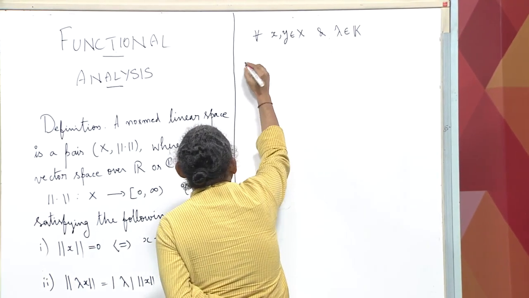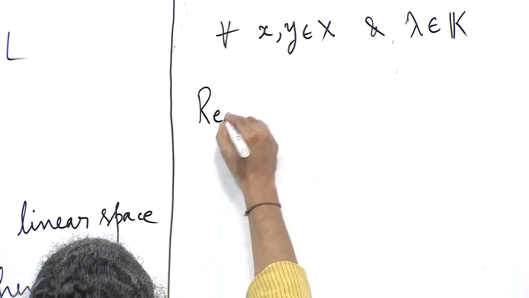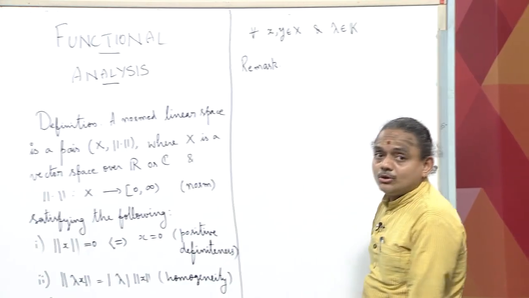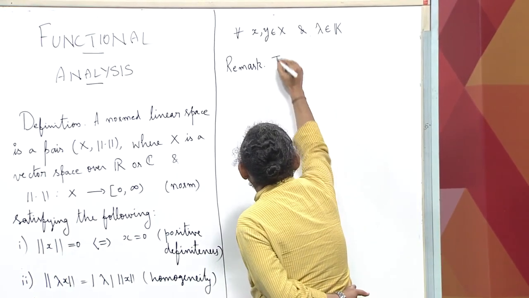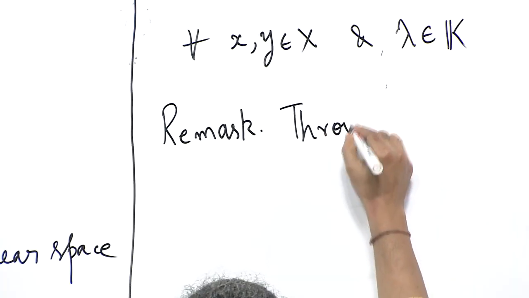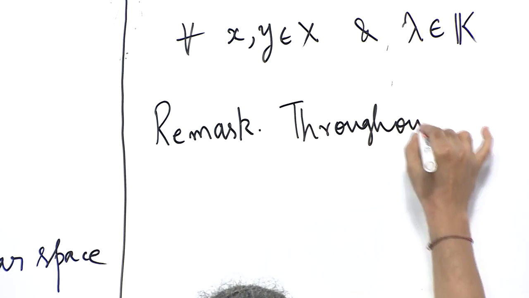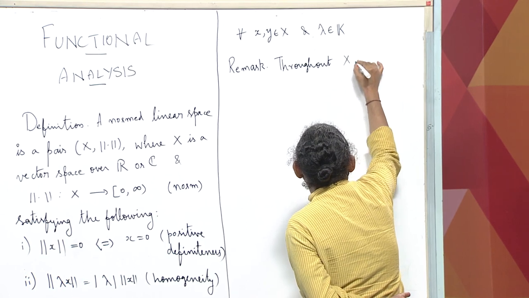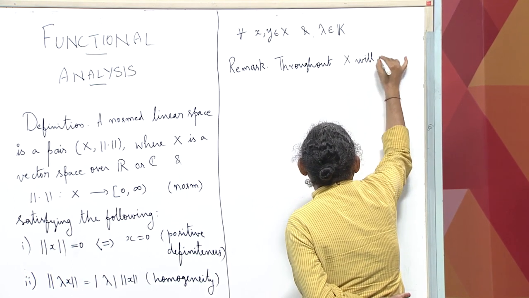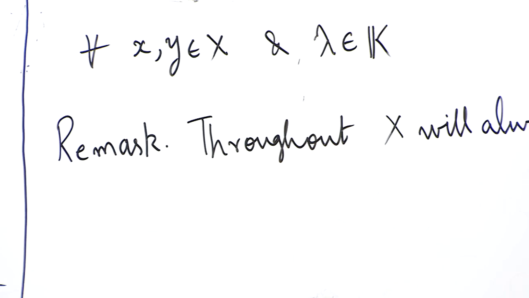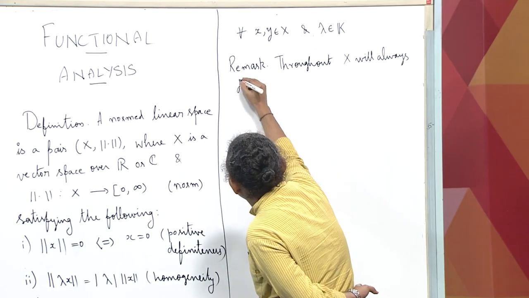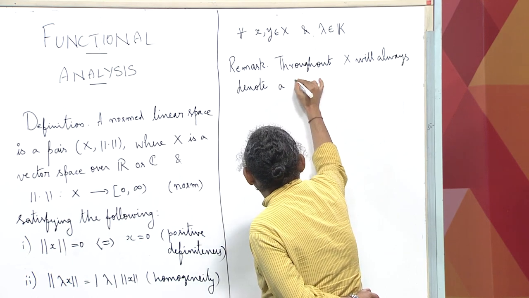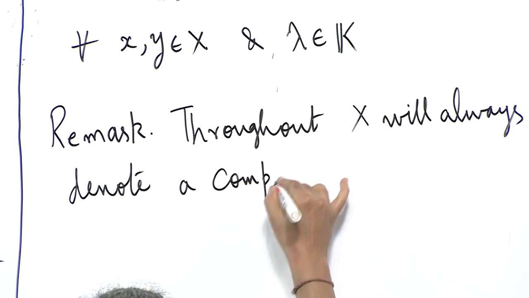Well, let me make a remark here at this stage. Throughout we are going to use only the space of complex numbers. So, throughout X will always denote a complex vector space, unless otherwise mentioned.